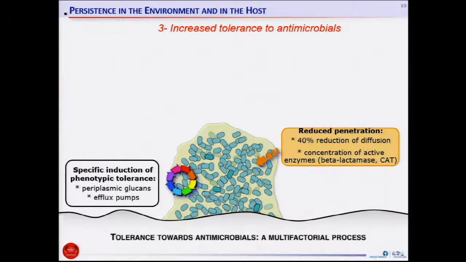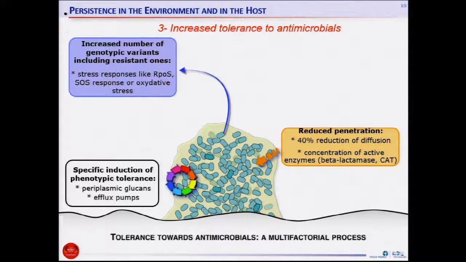There is also concentration of active enzymes like beta-lactamase or chloramphenicol acetyltransferase. There is also something genetic, like an increase of the genetic mutation rate, and this is often due to stress response, and I won't go into this detail.